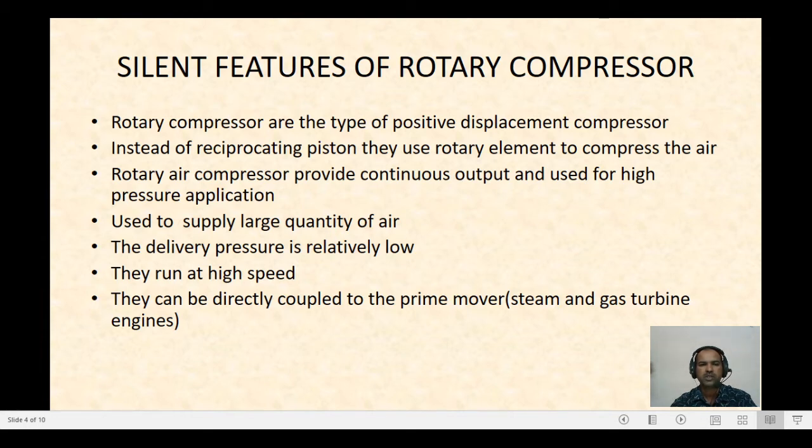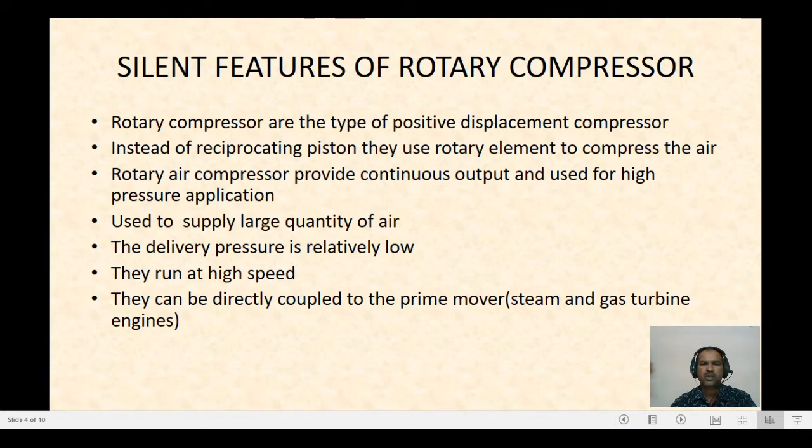In reciprocating compressors we use a piston-cylinder arrangement for compressing the air, but in the rotary compressor we use rotary elements to compress the air to high pressure.